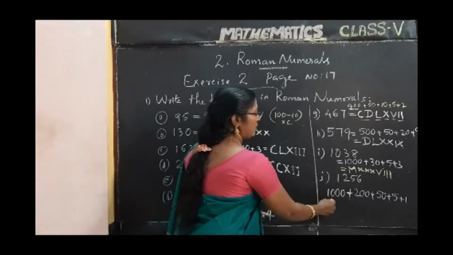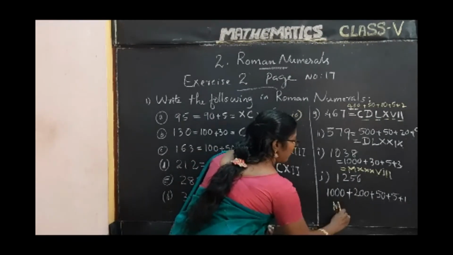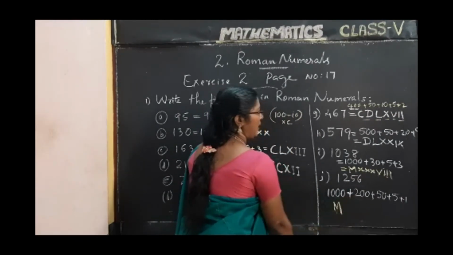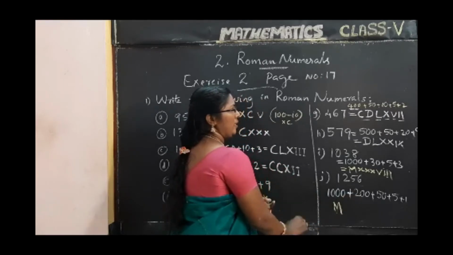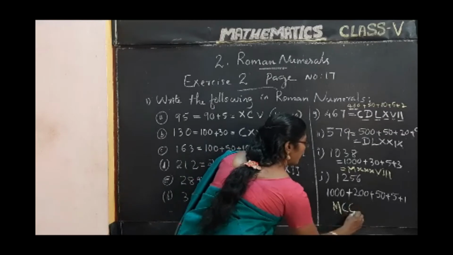M denotes 1000, then 200: C denotes 100, so write 2C, 200.